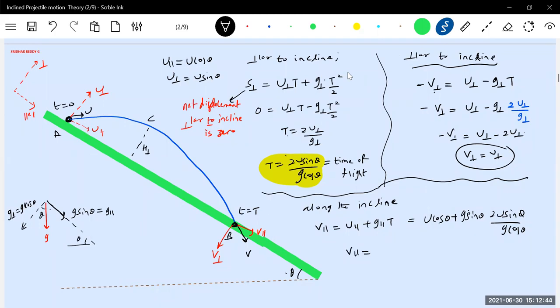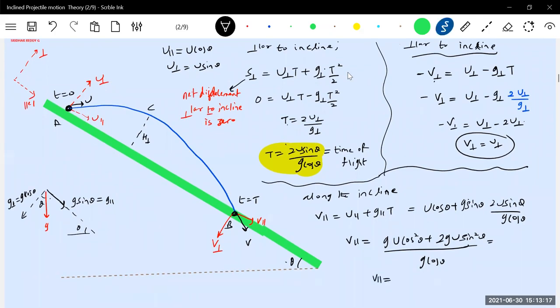So here U cos theta, GU cos square theta, 2GU sin square theta. Don't remember anything, I'm just deriving. You can directly take values. If this incline is 30 degrees, projected with some 15 meters per second, G is 10, solve it. I think in exams you may encounter numericals like this.